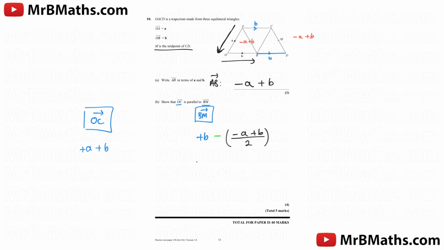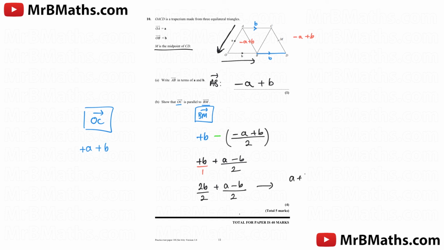So if I then rewrite that, I've got plus b plus (a minus b) over 2. Now I need to do some fraction work, so this will be over 1. So I'll end up with 2b plus a minus b, over 2. 2b, take away b, would be just b.